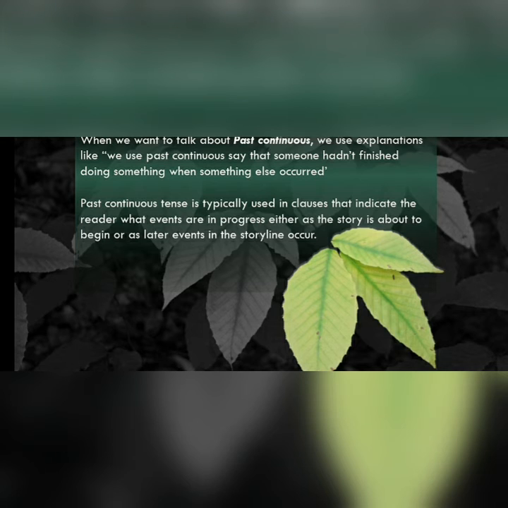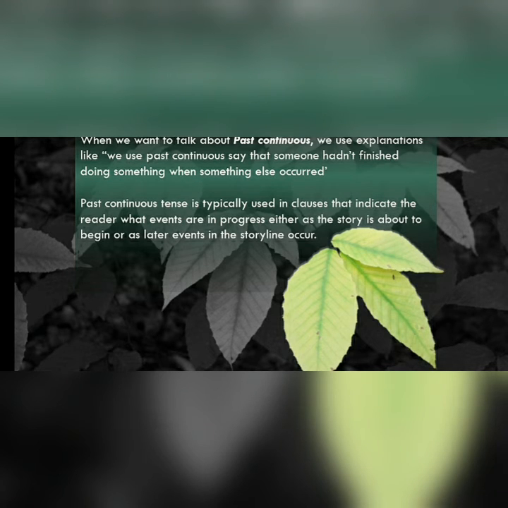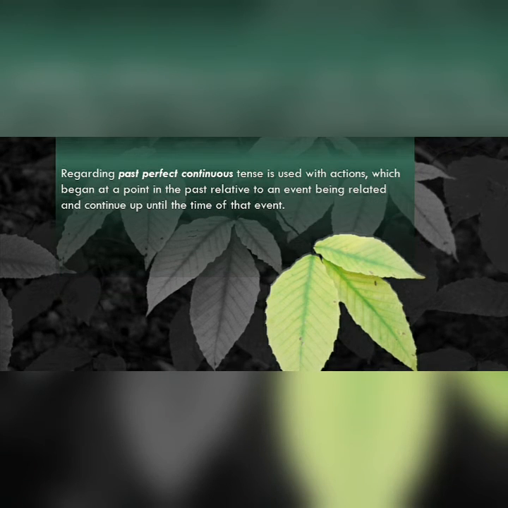Past continuous tense is typically used in clauses that indicate to the reader what events are in progress, either as the story is about to begin or as later events in the storyline occur. Regarding past perfect continuous tense, it is used with actions which began at a point in the past relative to an event being related and continue up until the time of that event.